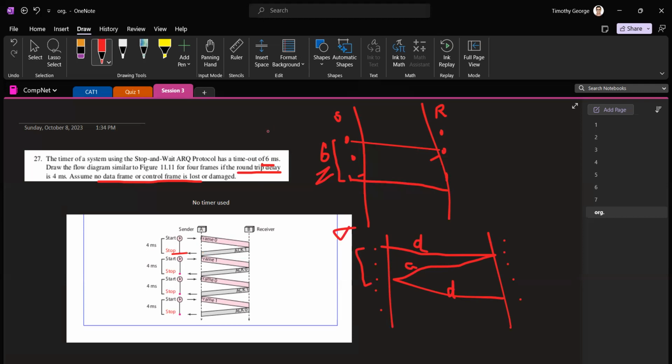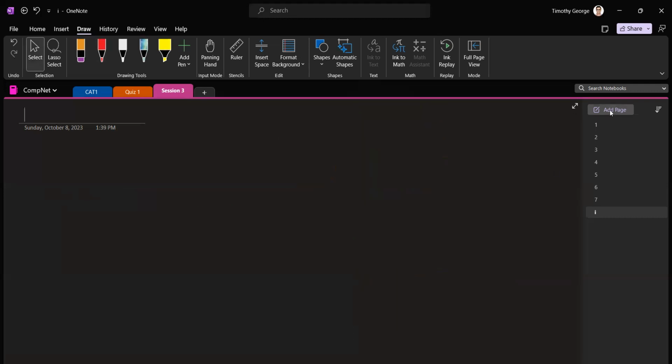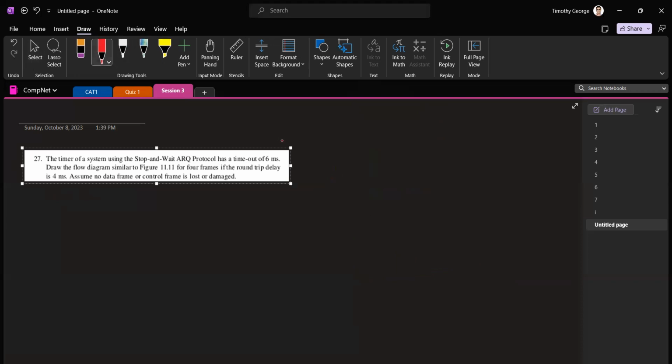Let's say we change this question, so the timeout was 4 and the round trip delay was 6. Now what would happen?